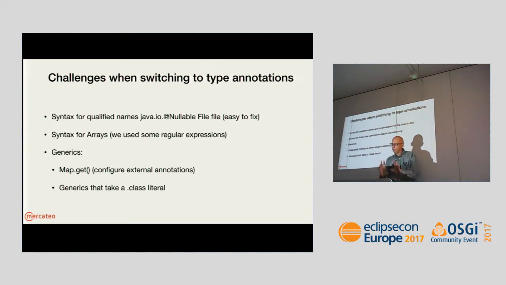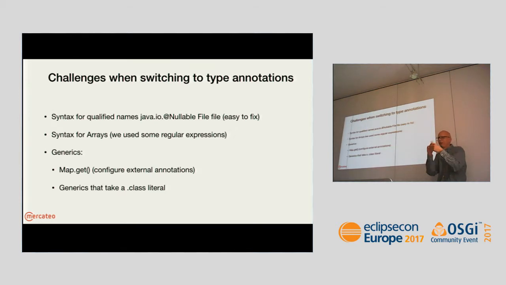The problem is, say you have a declaration annotation. You half saw the slide earlier. You saw that in a declaration annotation, the Nullable or NonNull, whatever, was in front of String. Now, if you switch to type annotations, this is the location where the content of the array is now specified.